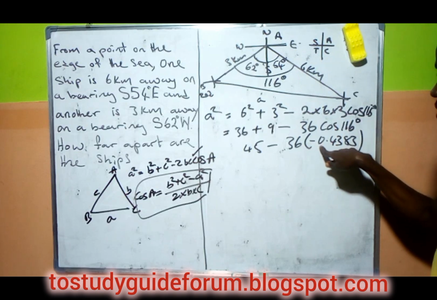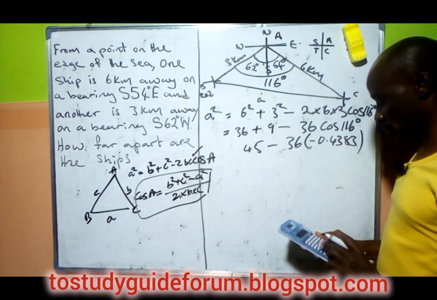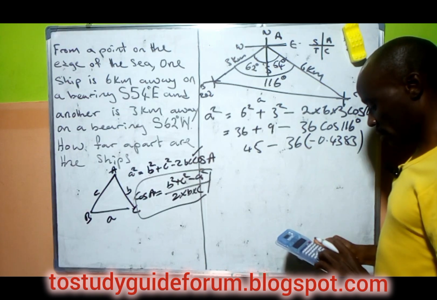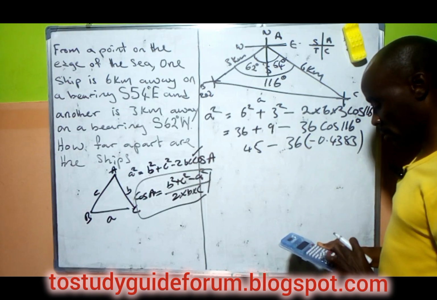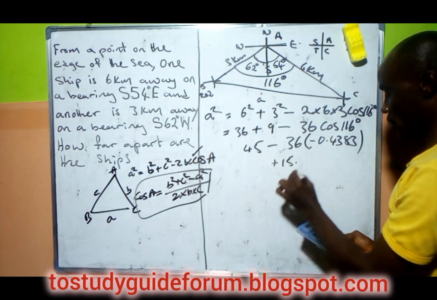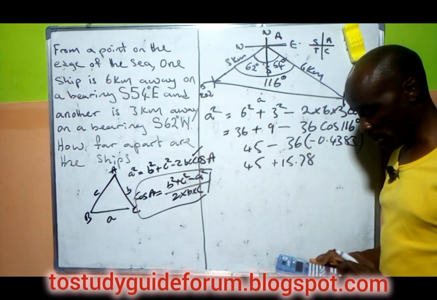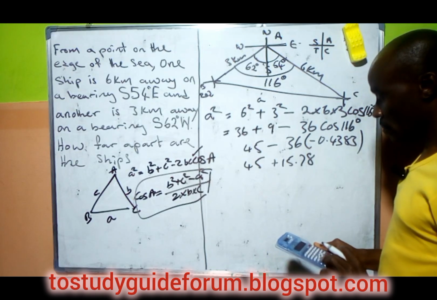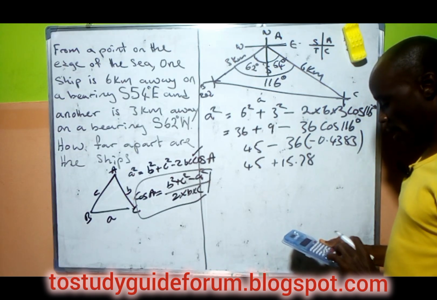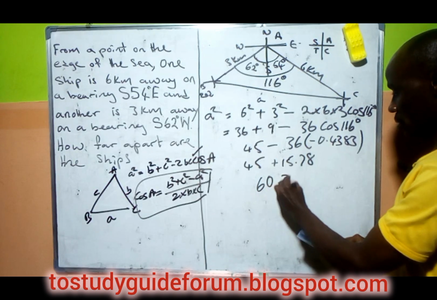So that's why we have it negative here. So minus 36 multiplied by this negative, we'll have a positive sign, giving plus 15 point something. Then we sum it up with 45, and we have 60.78.